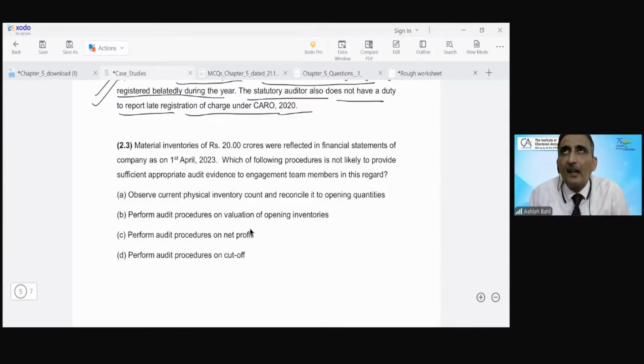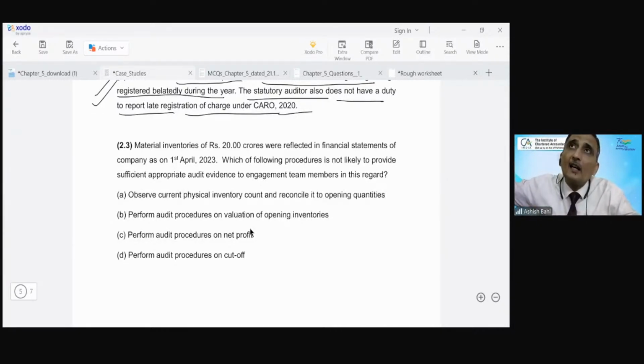So when there is an initial audit engagement, it means the auditor has accepted the audit for the first time, or accounts of the previous years were not audited. So SA 510 applies.